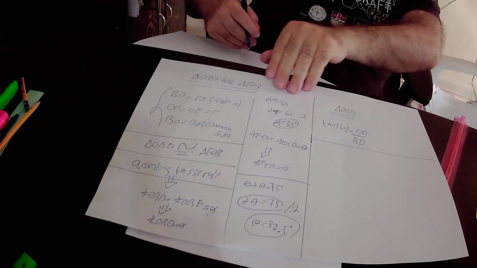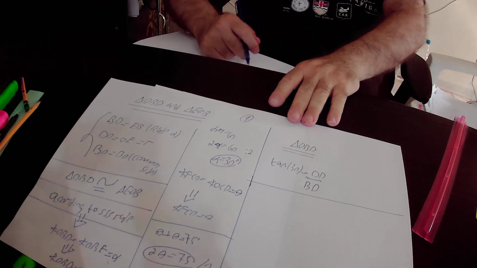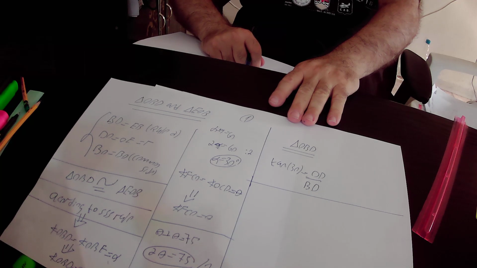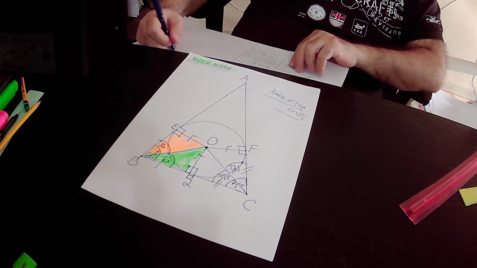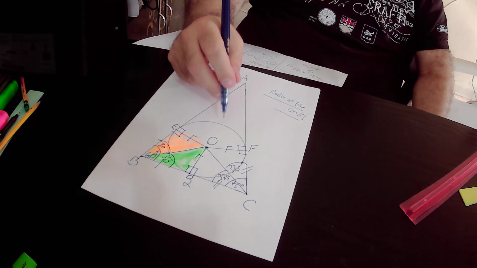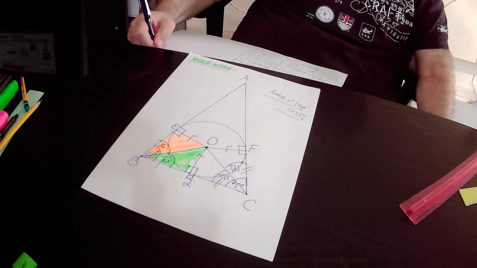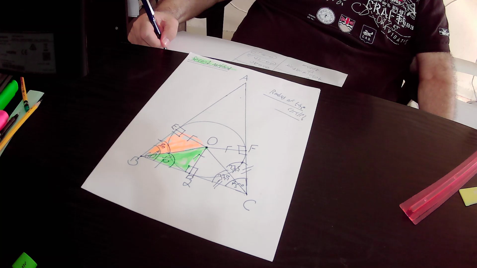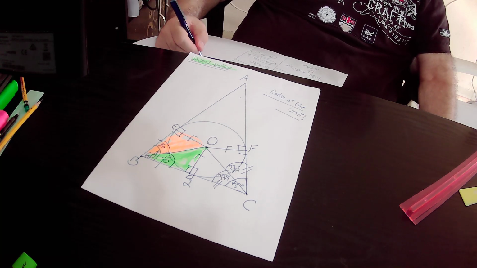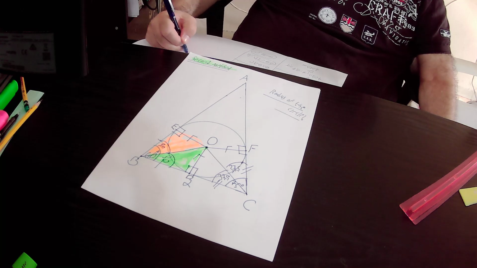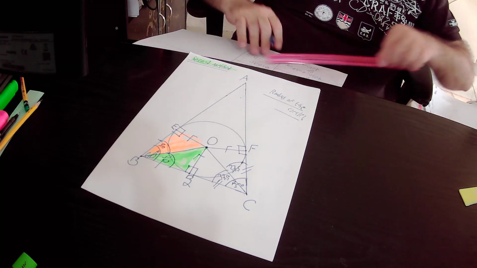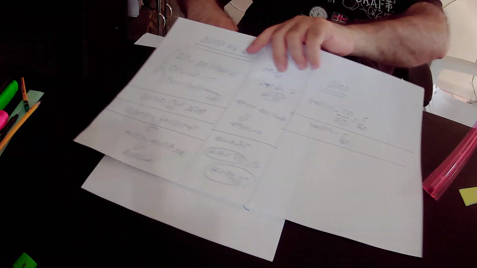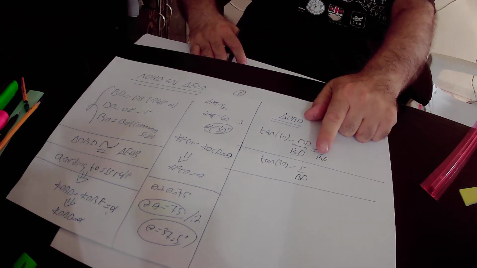In the green triangle, it is very easy to see from the drawing that tangent 30 degrees equals OD over BD. OD equals R, so we substitute OD by R over BD. So in conclusion, we found out that tangent 30 degrees is equal to R over BD.